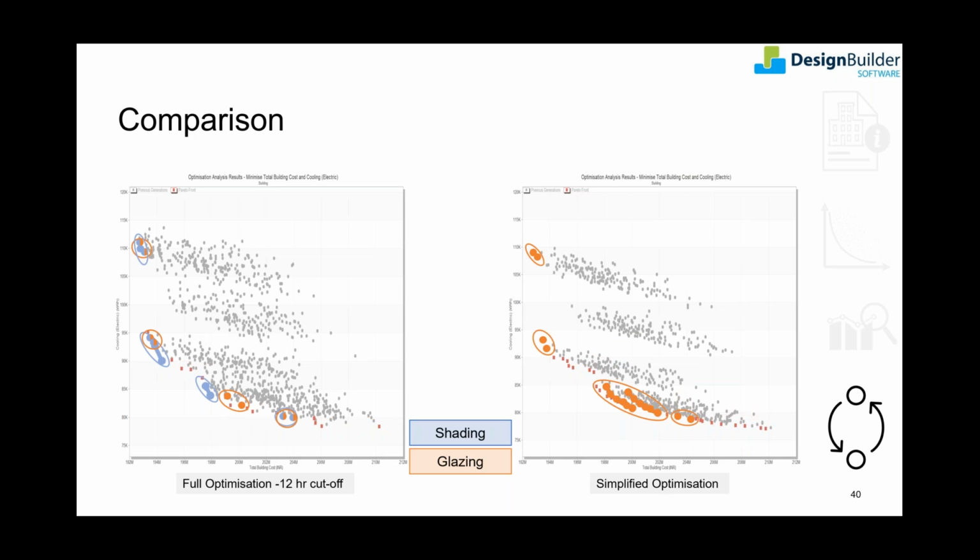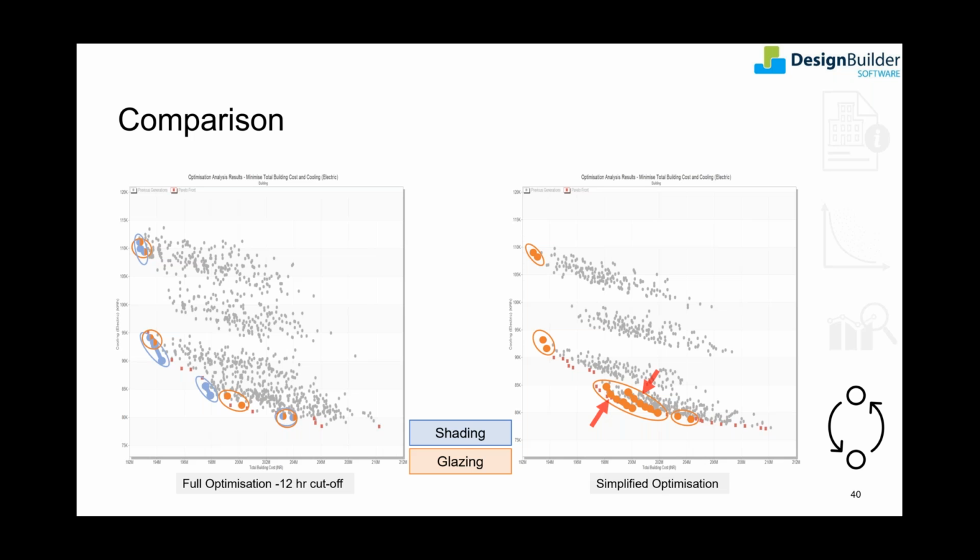Most significant difference is seen with regards to glazing. As noise from shading options gets eliminated, it is possible to analyze the impact of increasing U value on cost and cooling very efficiently. These trend lines show increasing U values for glazing with different roof insulations.